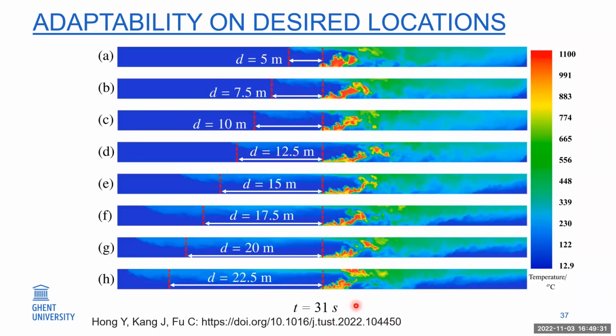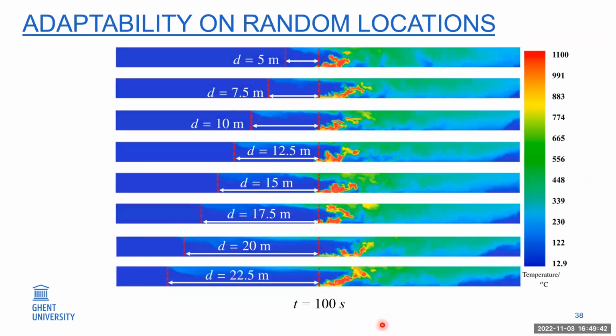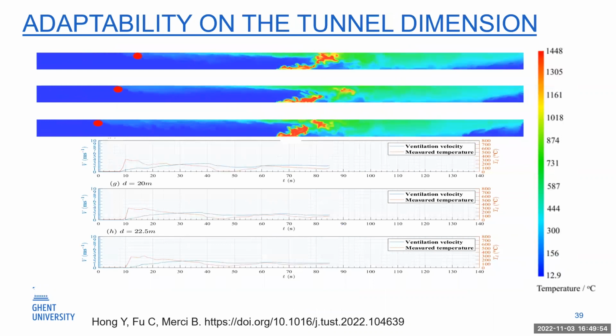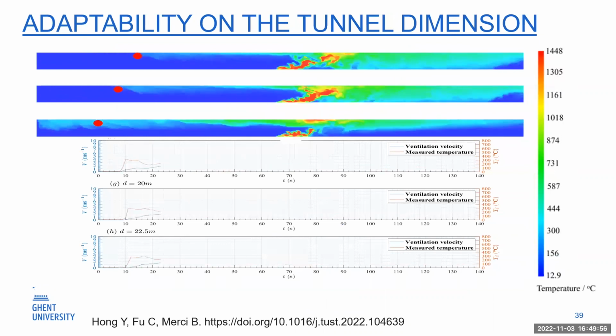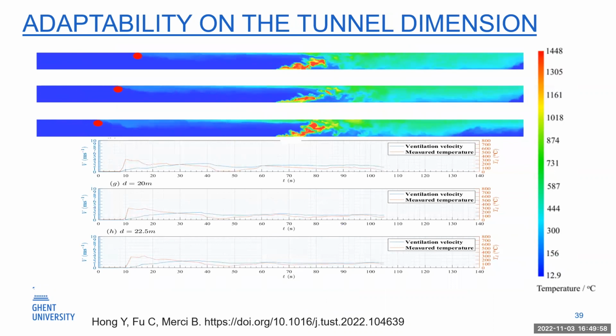You can see at the time of 31 seconds, only the A and ABC cases can be controlled, but the D2H case cannot be controlled. But at 100 seconds, all of these cases can be controlled at the location we desired. This cartoon shows the control process of the smoke control.